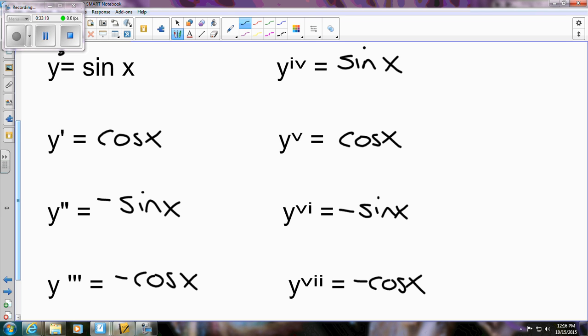So if I have y equals sine x, and I want to know the 32nd derivative, I'm just going to put a 32 here, okay? It would just be the same because the remainder, when you divide 32 by 4, you don't care that it was 8 times, the remainder is 0. So it's going to be the same as the 0th derivative, or sine x.